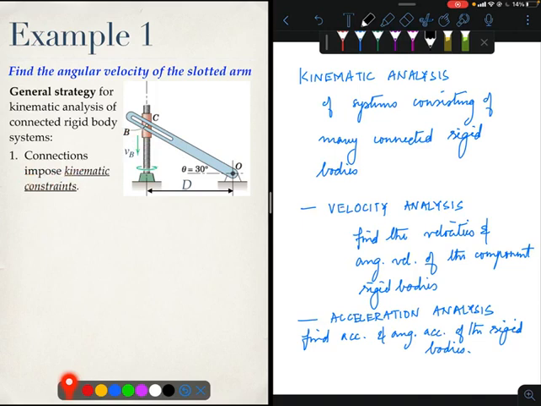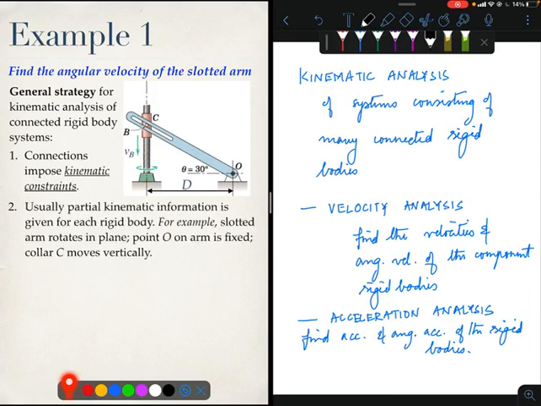Connections impose kinematic constraints. So for example, with respect to the slotted arm, this pin B will always seem to be moving in the slot. The collar C can only slide up and down the shaft, the vertical shaft. So usually in these systems, partial kinematic information is available for each rigid body.